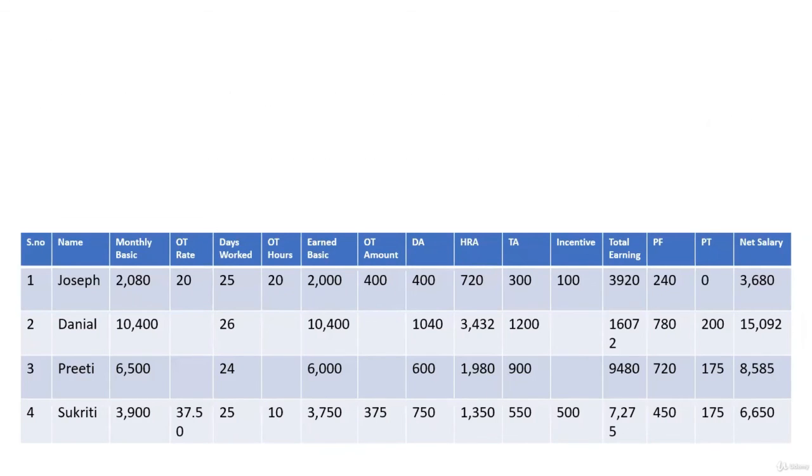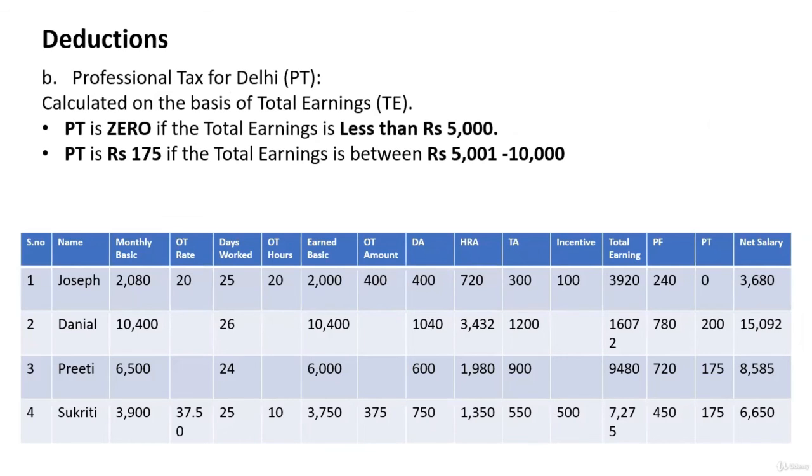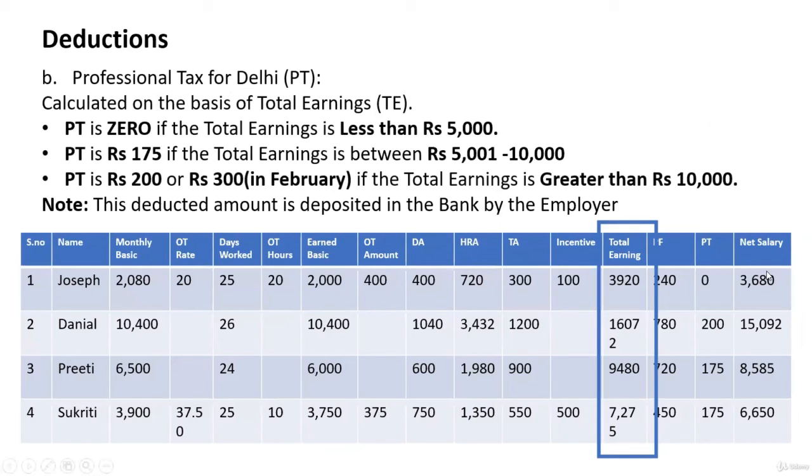Now moving forward, we have another kind of deduction, that is professional tax. Professional tax will be calculated on the basis of your total earnings. So here these are your total earnings, and the professional tax will be 0 if your total earnings are less than 5,000 rupees. So I had written 0 as professional tax here. There will be no deduction in the name of professional tax if your total earnings are less than 5,000, and it is 175 rupees if your total earnings vary between 5,001 rupees and 10,000 rupees.